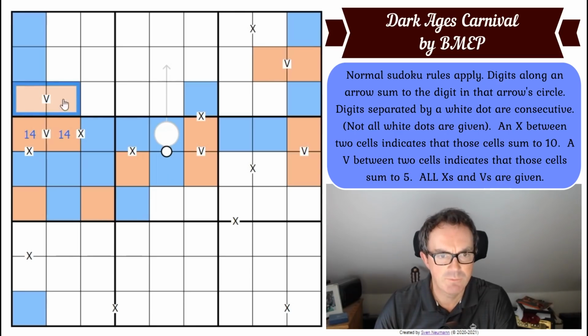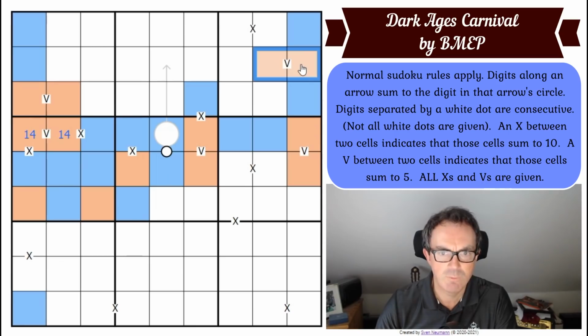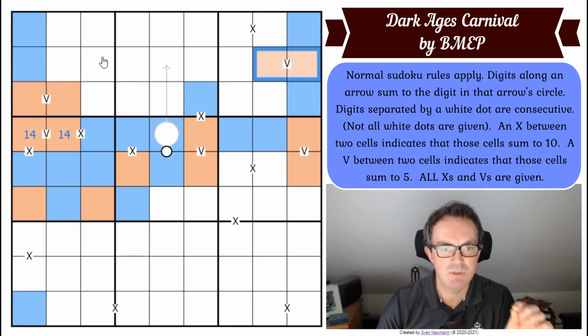This cannot be a 1-4 pair now, because if it was, you're definitely going to need V's separating these out. And there's no V's along this line. So whatever this is not. And whatever this is, so if this was 2, 3, that's 2, 3, and this is 1, 4. Yeah, this is good. This is absolutely beautiful.